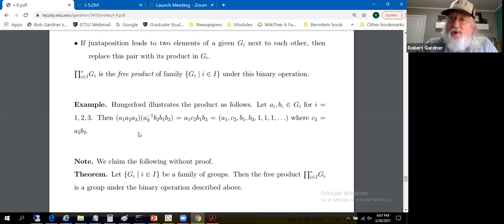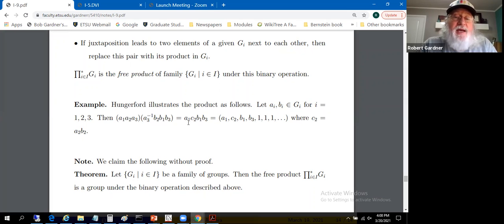So we've taken the words and juxtaposed them. Oops, there's an A3, A3 inverse. Well, we need to fix that. So that produces an identity. We'll just eliminate those two. When they're gone, then we've got an A2 over here and a B2 over there. Well, they both come from group G2. So we'll need to combine the A2 and the B2.